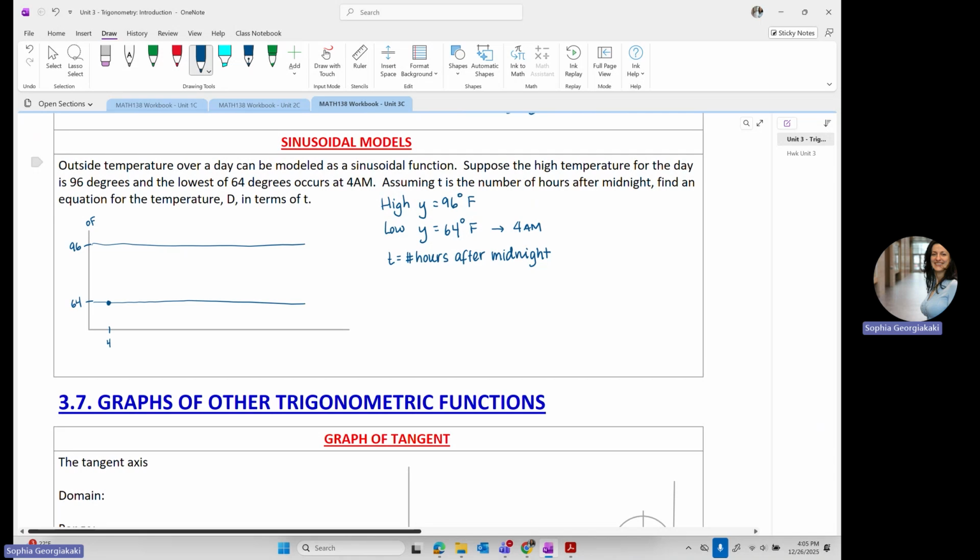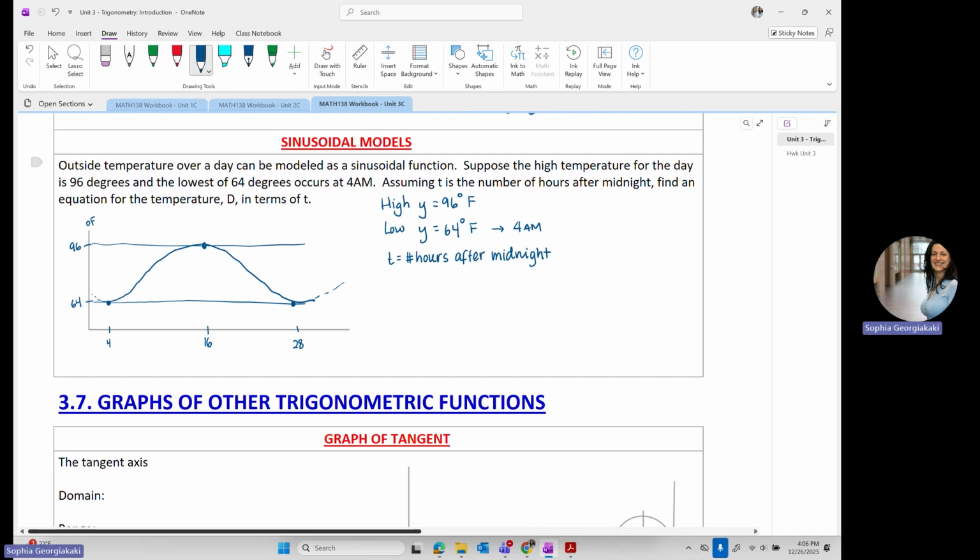And then 12 later will be 16 hours. 16 will be 4 p.m. And that will be my highest. And then for 12 later, it will be 24 plus 4, 28. And that will be my lowest. So I'm expecting to have a graph like that. And then it continues here.